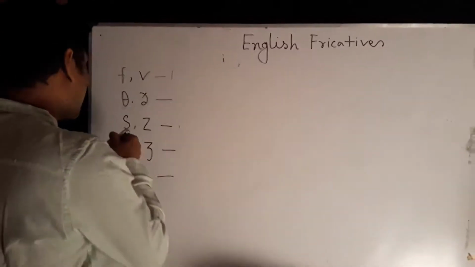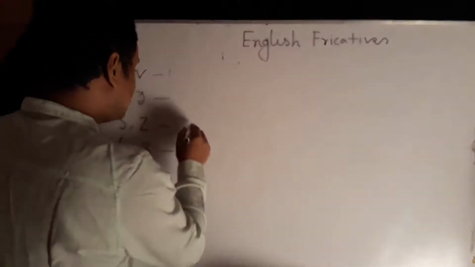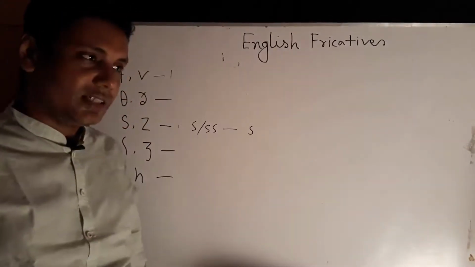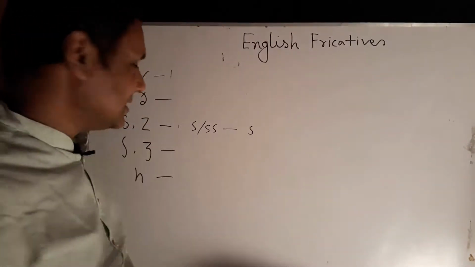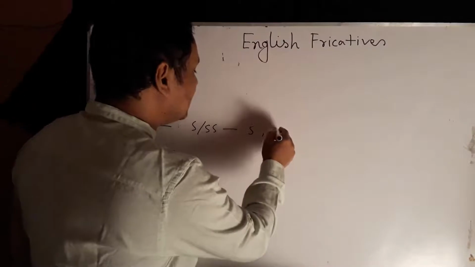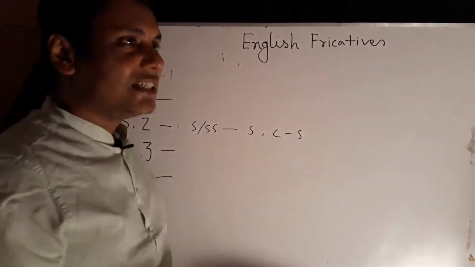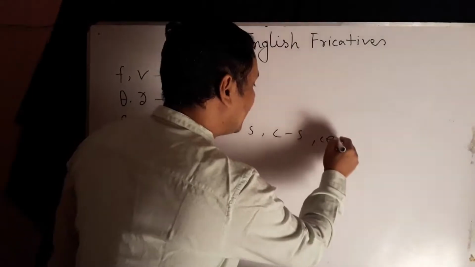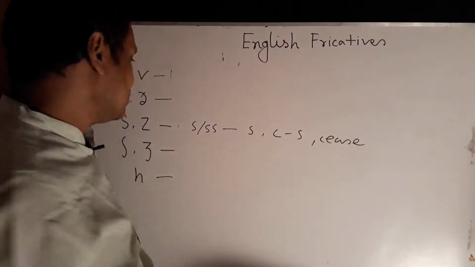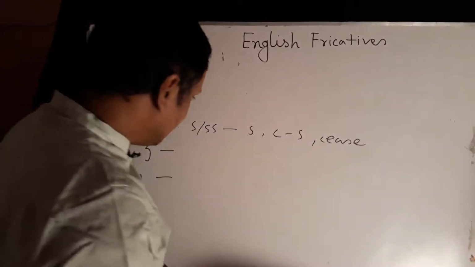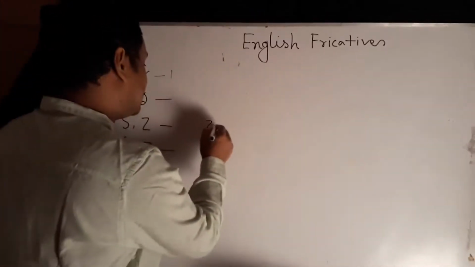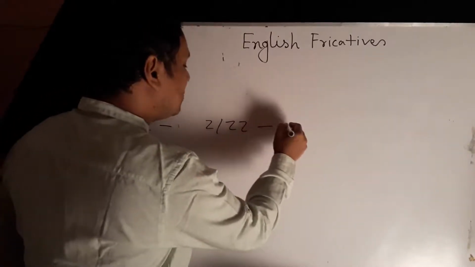Now sa and za. S or double S is pronounced as sa. But sometimes C is pronounced as sa, for example cease, C-E-A-S-E, or peace, where the C of peace is pronounced as sa. And za: generally Z or double Z is pronounced as za.